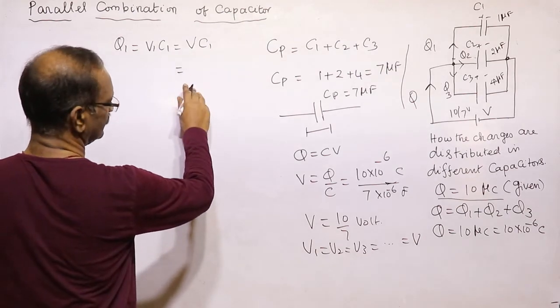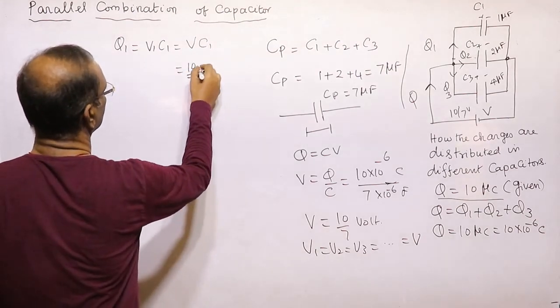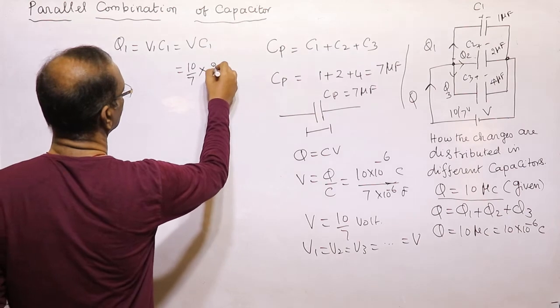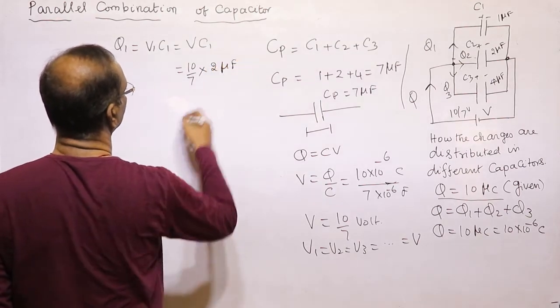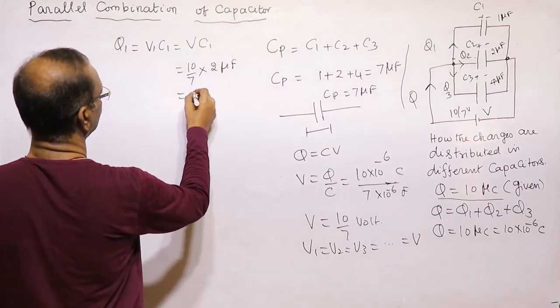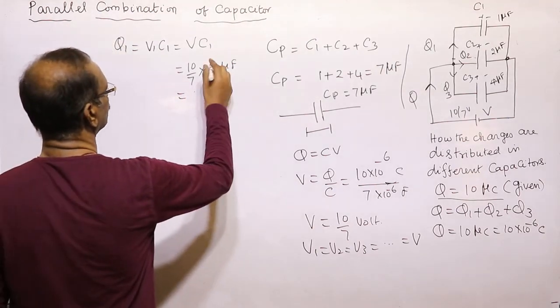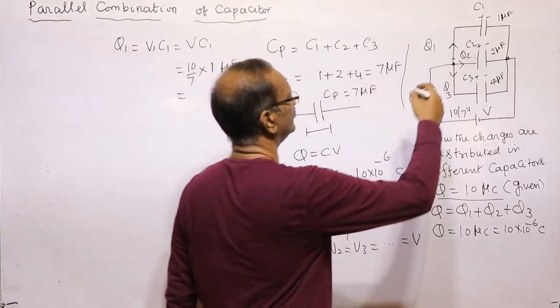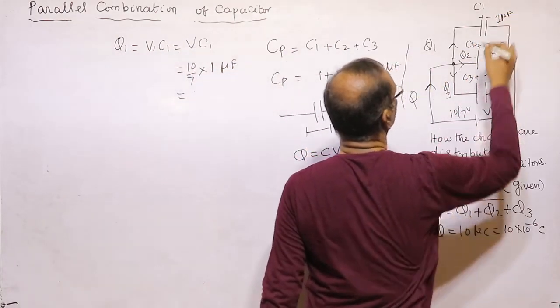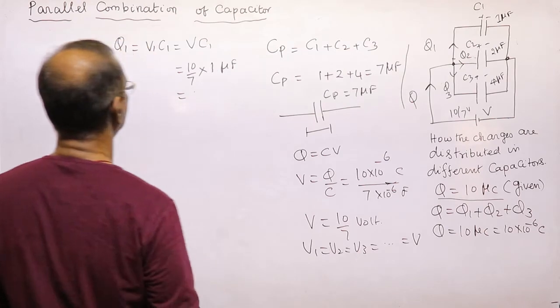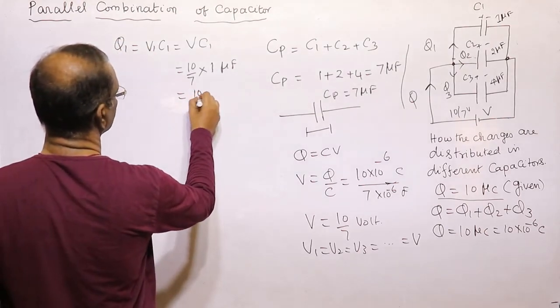So the voltage is 10 by 7, into C1, and C1 is 1 microfarad. So Q1 is equal to 10 by 7.